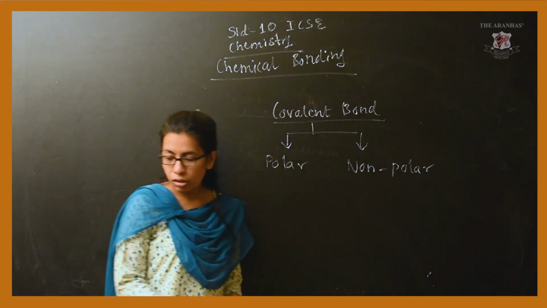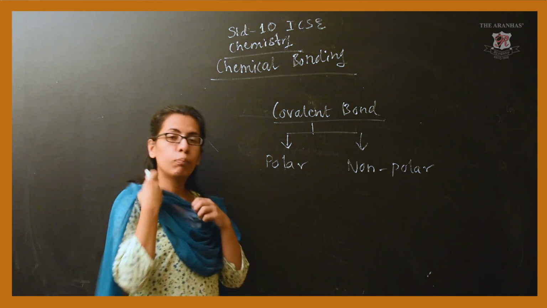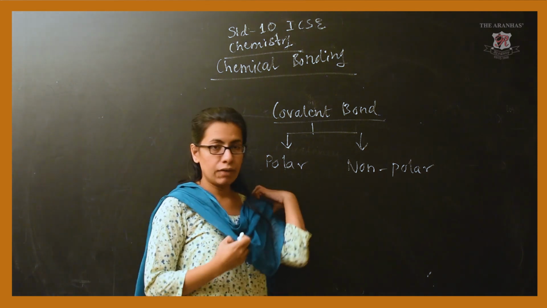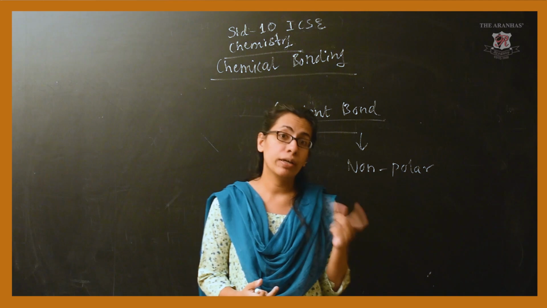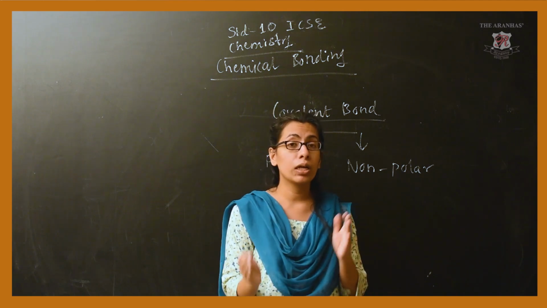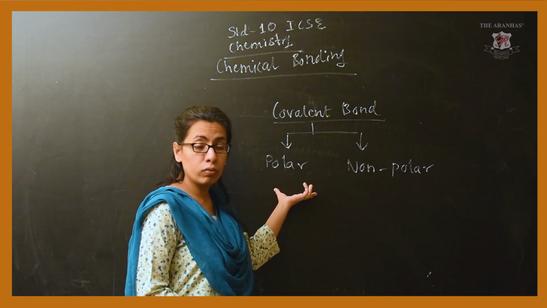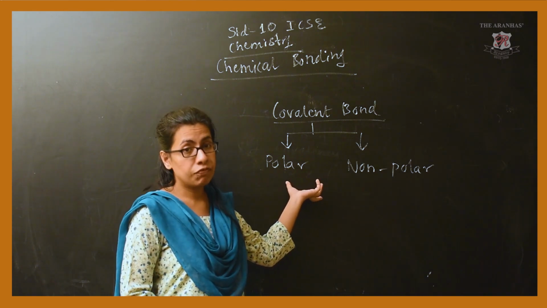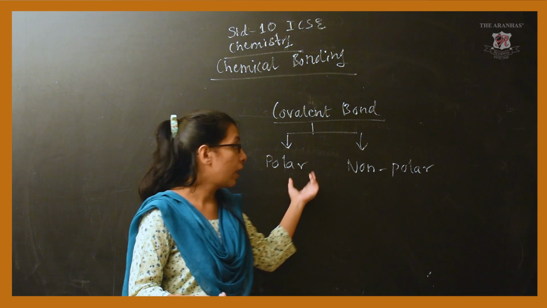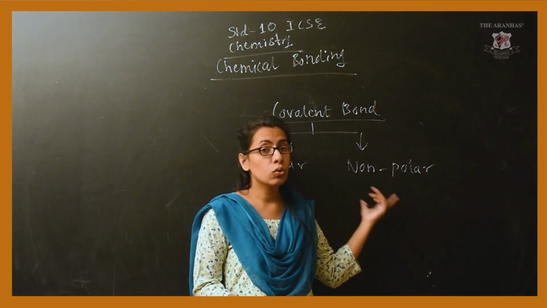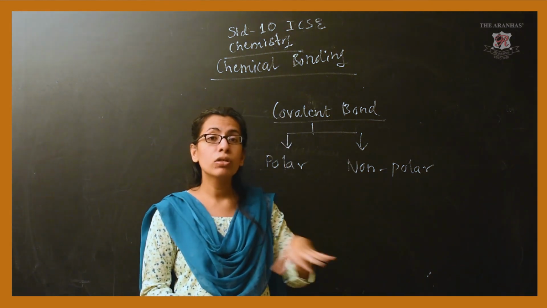Polar means, we have done the term called electronegativity. There is a difference of electronegativity between the two atoms. So in the case of the polar covalent bond, an electronegativity difference exists between the two atoms. And in the case of non-polar, there is no difference of electronegativity between the two atoms.